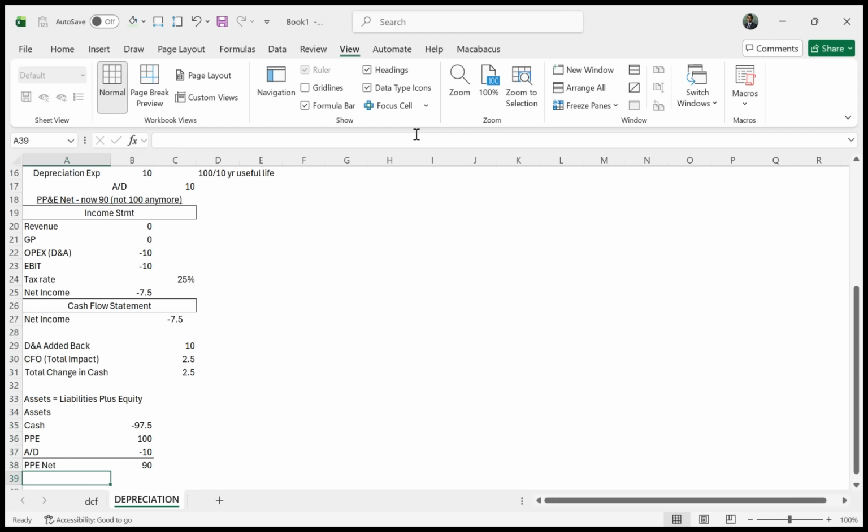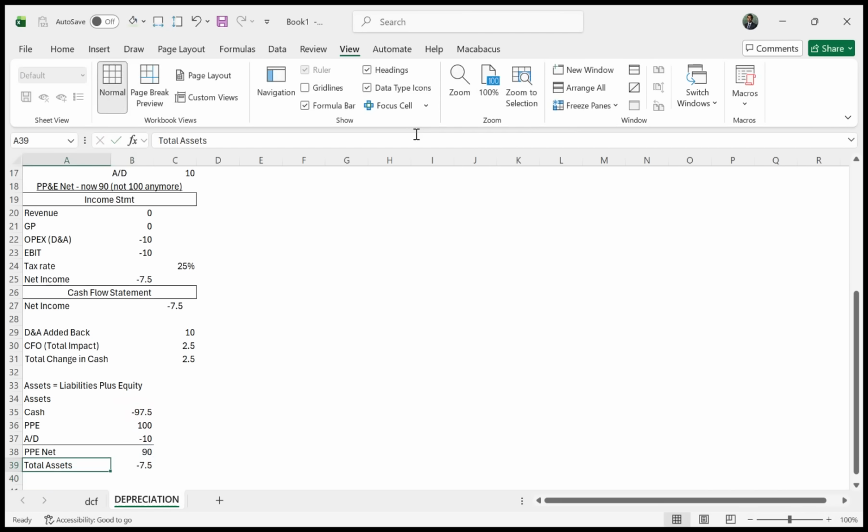So total assets are down 7.5. If you had a surplus of cash you would just add that all in, but I'm just showing you the impact.